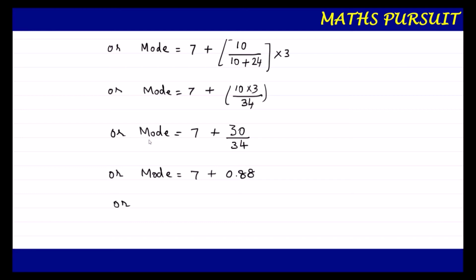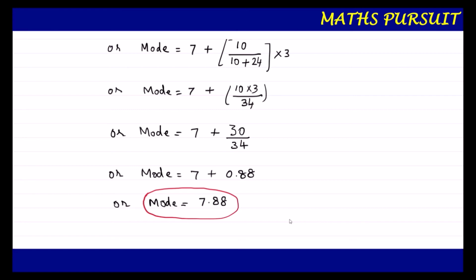So mode is equal to 7.88. This is our mode, and we can circle it so that we can highlight it. You can even highlight it with any color pencil that you have, so that the examiner can know that this is the answer for the mode.